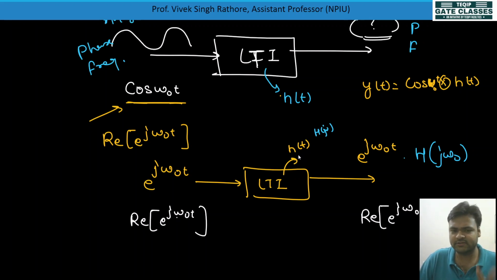If you're not understanding, please try to understand. h of t is the impulse response, and if you take its frequency transform, we get h of j omega. Omega is there in the impulse response, but in the output it will have h of j omega naught. Omega naught is nothing but the frequency of the input.